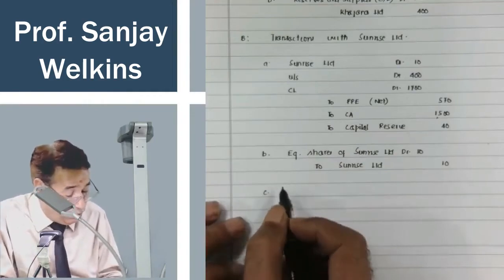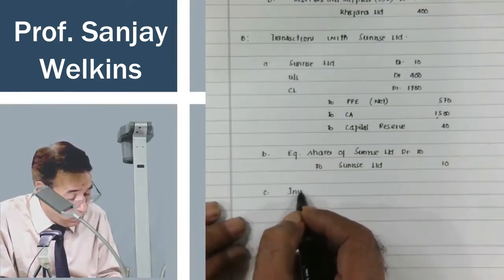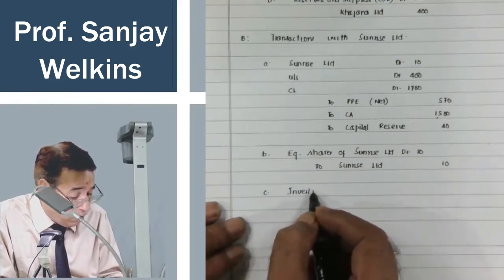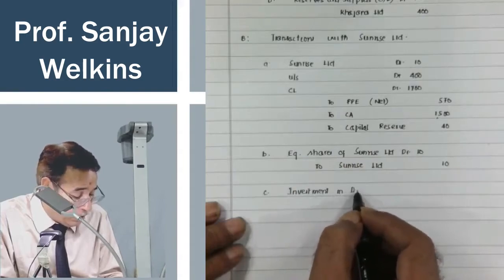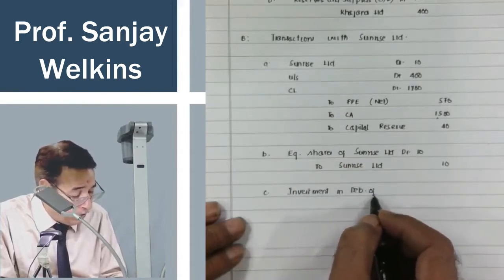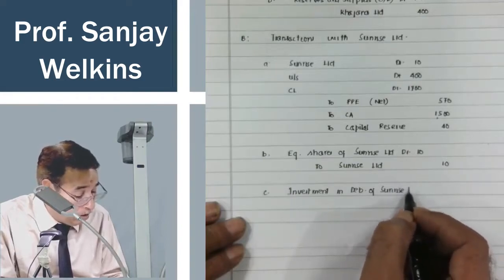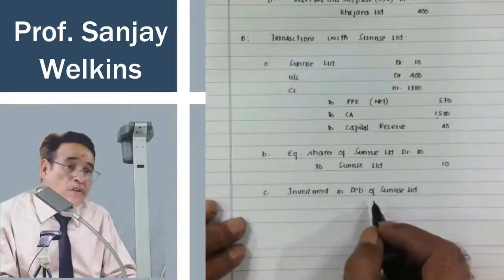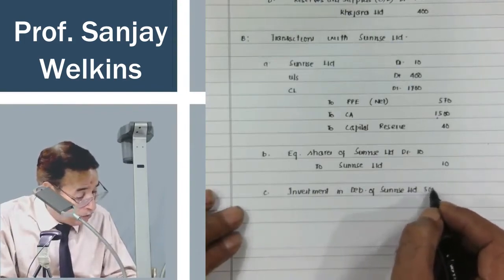Correct? So I will write here investment in debentures of Sunrise Limited to the extent of 500 crores.